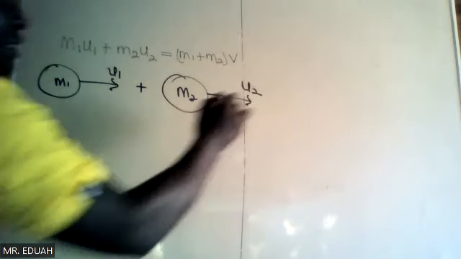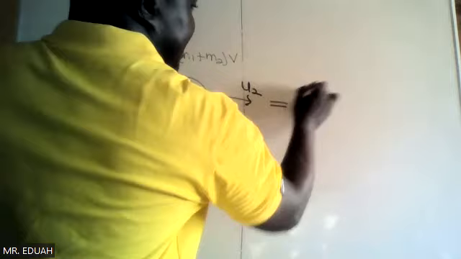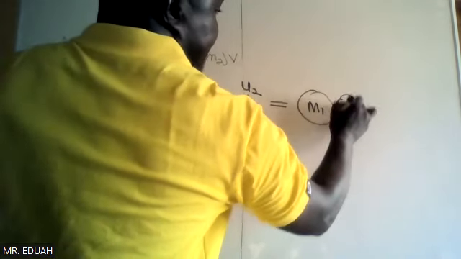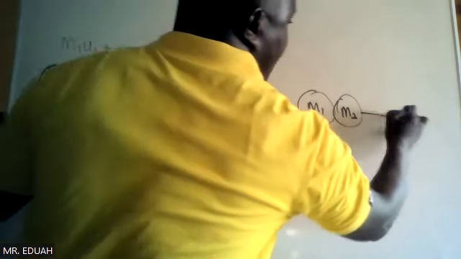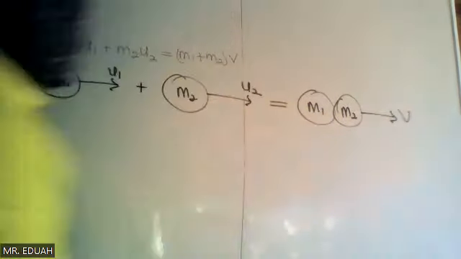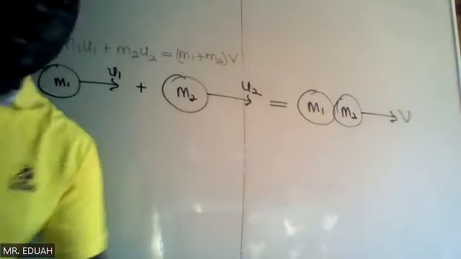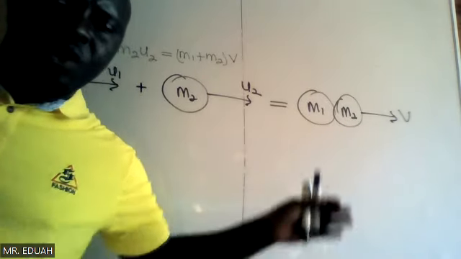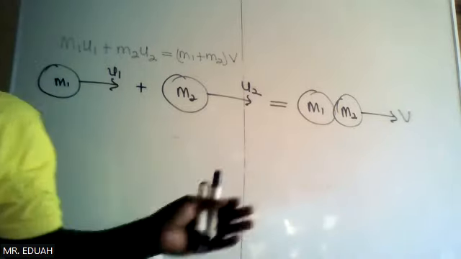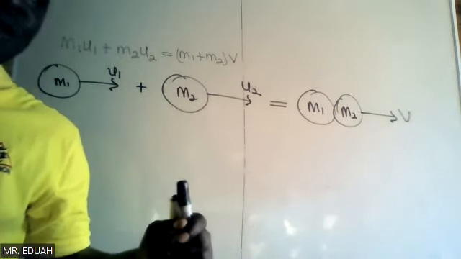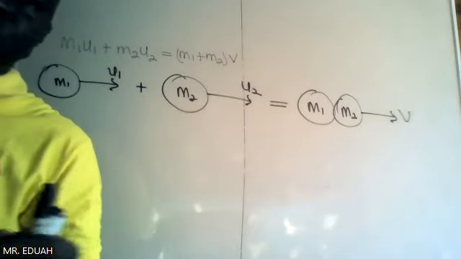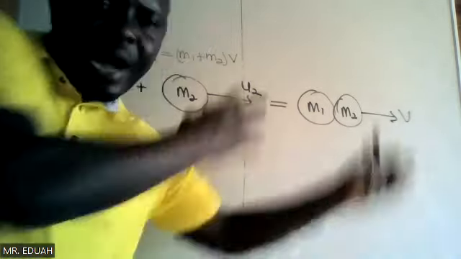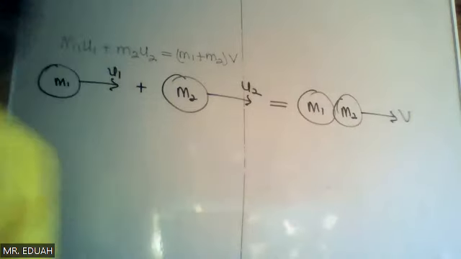Then after the collision, they combine, M1 plus M2, and then move with a common velocity V. And this is what happens when, unfortunately, a bigger car and then a smaller car collide. The bigger car, because it has a greater momentum, would continue to move and then ride the smaller car along.